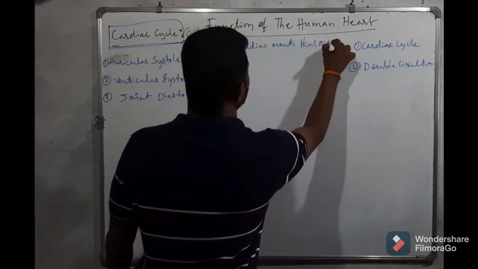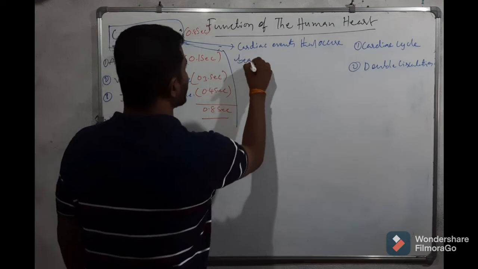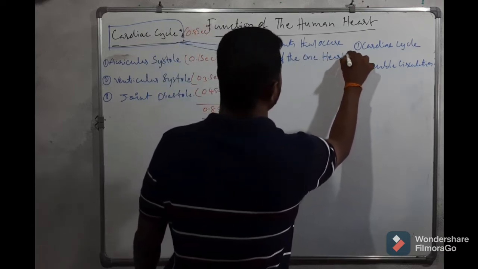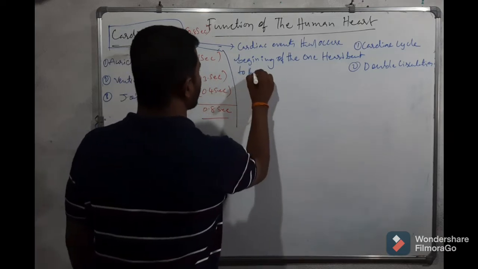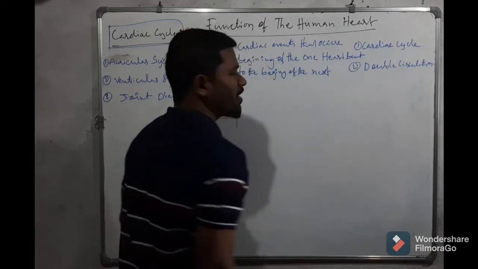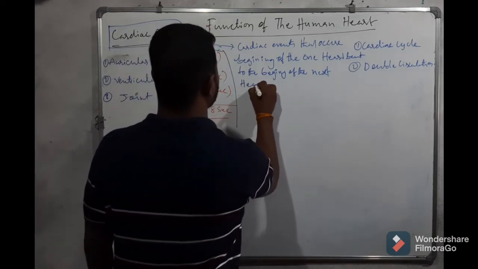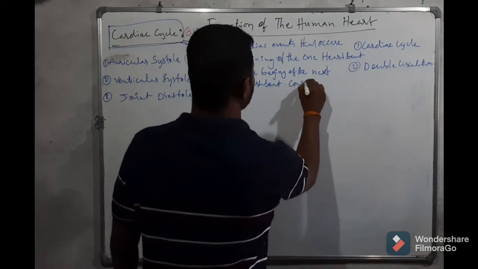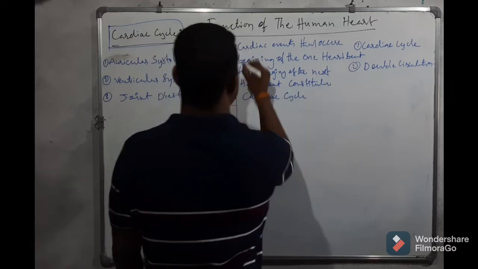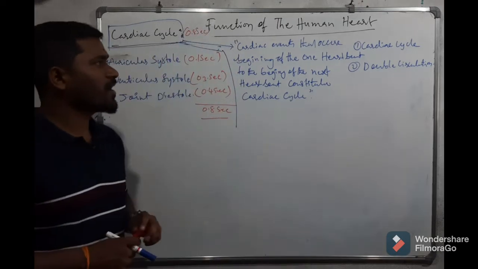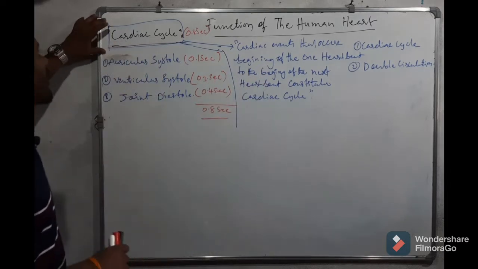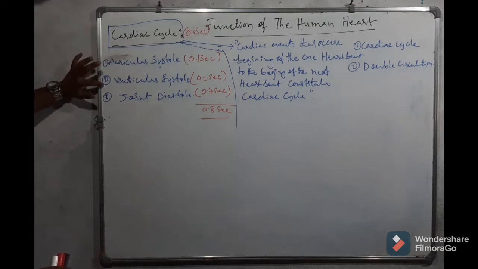This is the definition of the cardiac cycle. It is completed in 3 steps: number 1, auricular systole, number 2, ventricular systole, number 3, joint diastole.